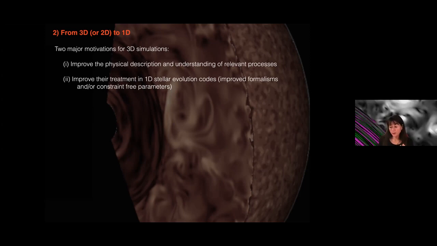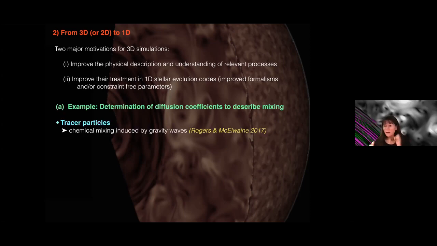And this is crucial because this is the only way to make the link between 3D simulations and observations through the 1D stellar evolution codes, because you can then compare 1D stellar evolution code results directly to observations. And therefore, you can constrain and validate your 3D simulations by establishing this link between 3D and 1D, and eventually with observations. So here I just want to give some examples of how to build this link.